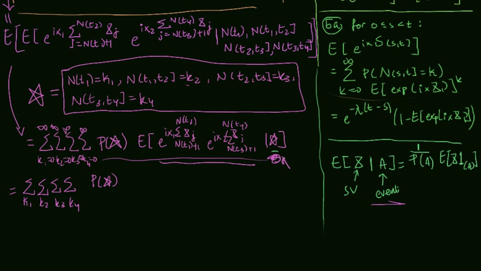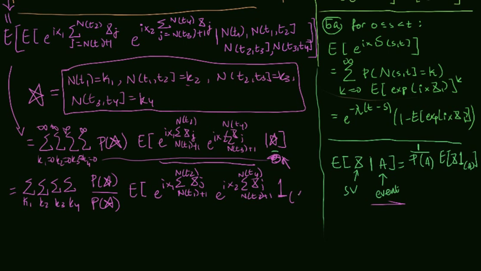And since we condition by star, we will divide by the probability of star and then multiply by the expectation of the variable we're looking at, which is e to the i x1 sum of xj's for j going from n of t1 plus 1 to n of t2, and then multiply by e to the i x2, and then the sum of xj's for j going from n of t3 plus 1 to n of t4, and then we restrict this to the event star.